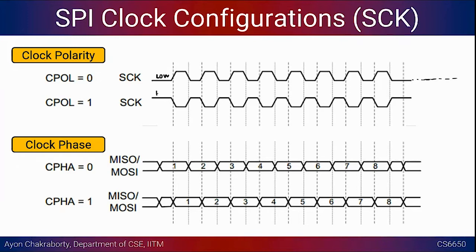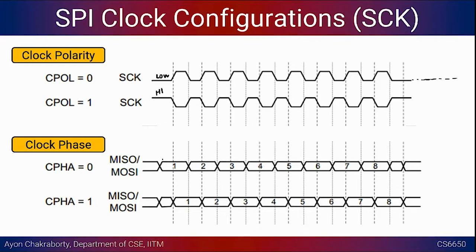Whereas if it is kept at high, this is known as clock polarity 1, or high. So whenever the clock starts, it will go from high to low and then low to high, whereas it is reversed in the case of clock polarity equal to 0. And then there is one more thing called clock phase, which again could be 0 or 1. In clock phase 0, the data will start in sync with the rising edge of the clock.